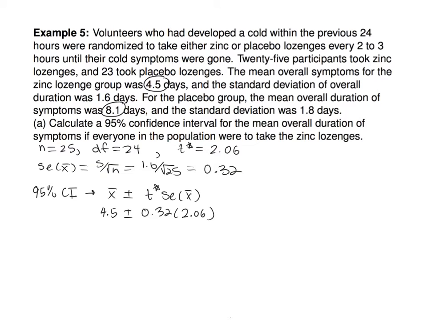And this comes out to be 3.84 to 5.16. So you'd expect the average length of cold to be between 3.84 days and 5.16.